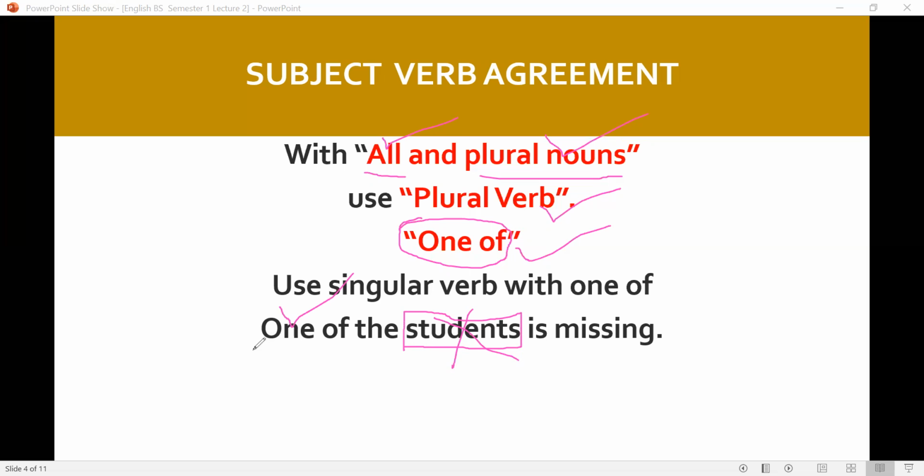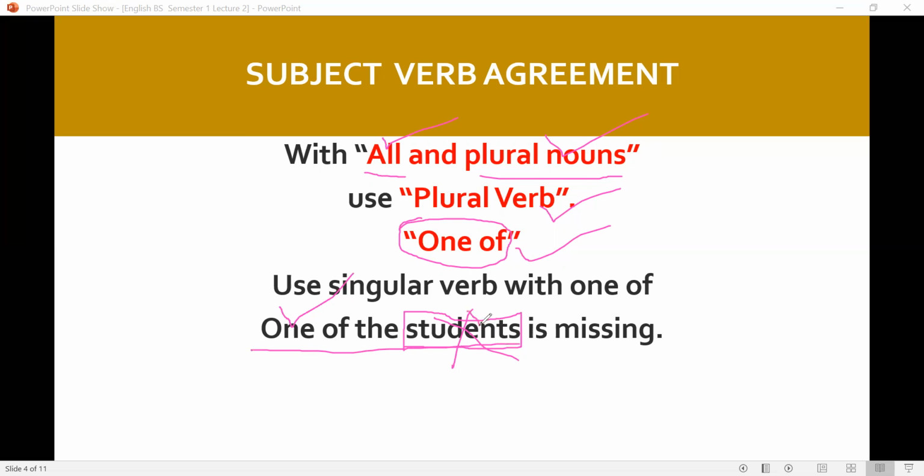So we have to understand what the subject is, and where it is. If we find the subject in the sentence, we will not be confused in using the verb with that subject. Here one may be confused by one of the students.